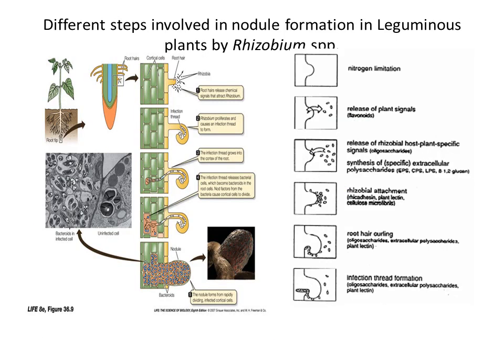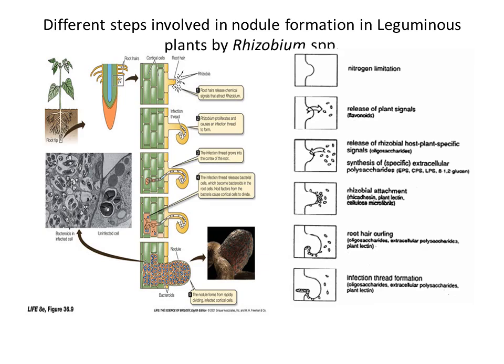Again, this diagrammatic representation may also be useful to understand better. The different steps involved in the formation of nodules in leguminous plants by Rhizobium species go on like this. The first step is, as I mentioned earlier, recognition of a proper host.